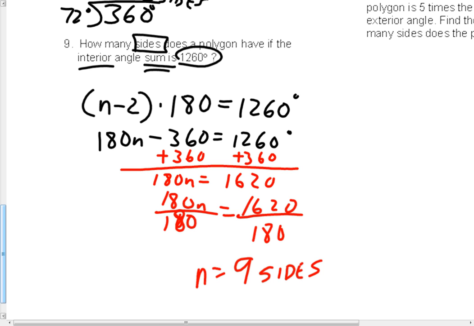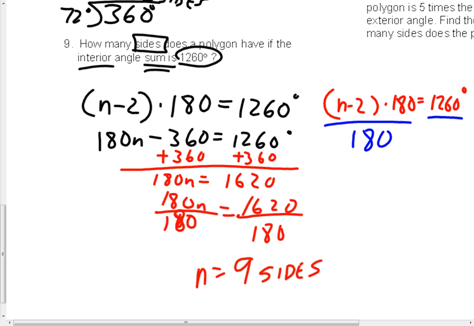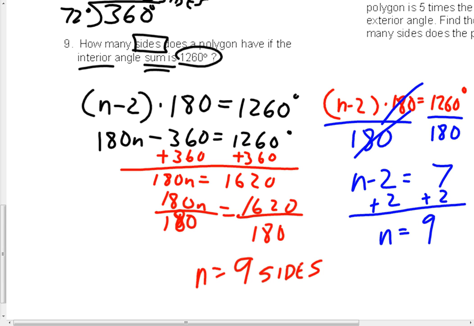No. How about if we just think in terms of opposite actions, what's the opposite action of multiplying by 180? So there's many algebraic ways to get to your answer as long as you're following correct steps and procedures.